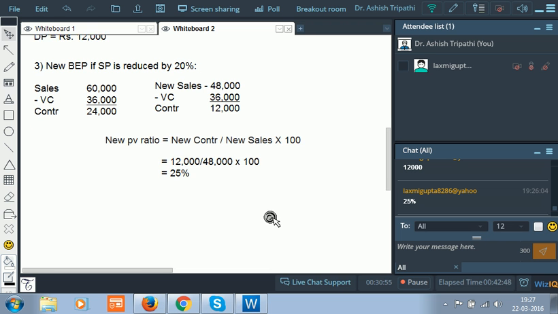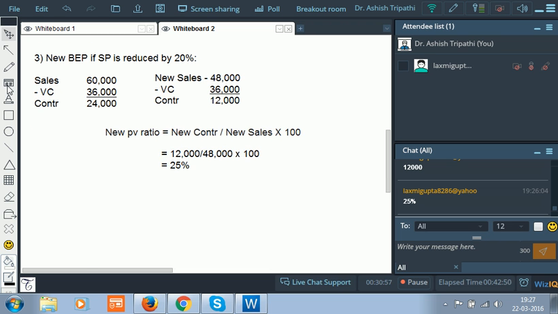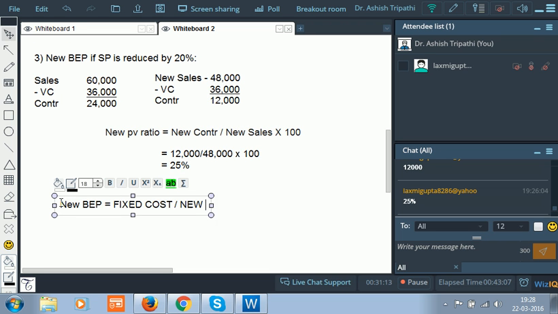Now what else do we want? What exactly do we want? We want the new break-even point. So let us calculate now the new break-even point. New break-even point is equal to fixed cost upon new PV ratio.